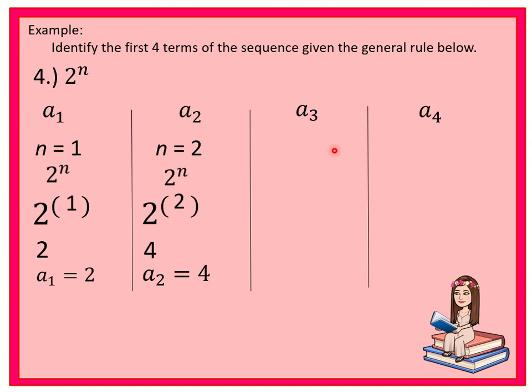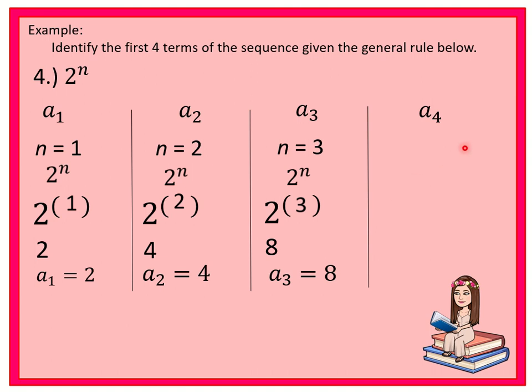Third term, our n will be equal to 3. Copy the general rule, 2 raised to n. Substitute natin. Copy ko yung 2, then imbis na n, papalitan ko ng 3. So, 2 raised to 3 is like 2 times 2 times 2, which is 8. So, our third term is 8.